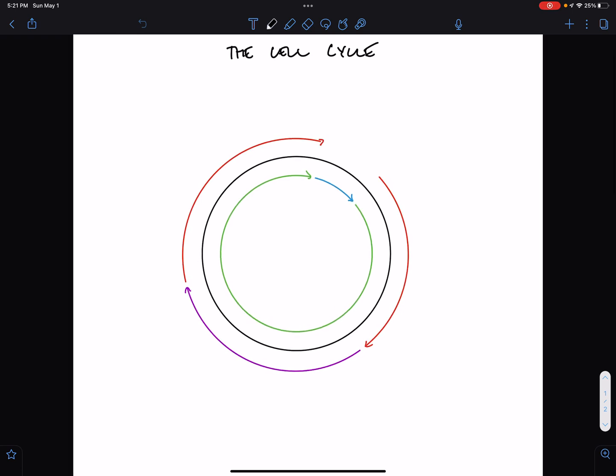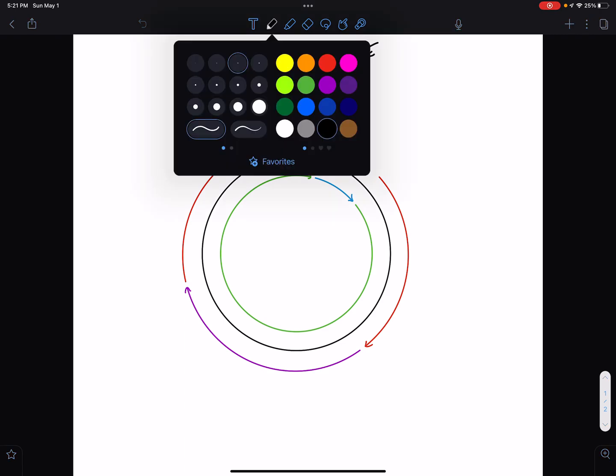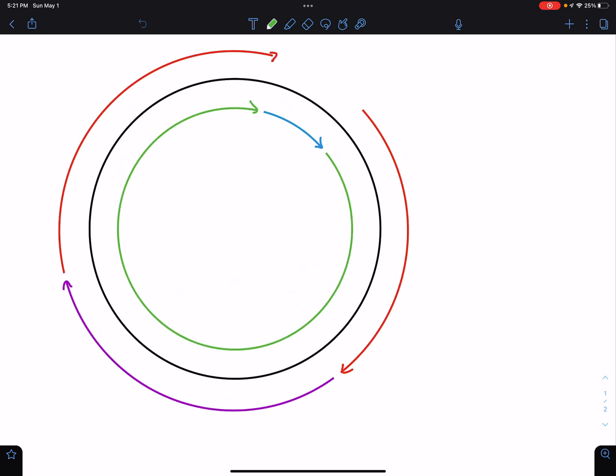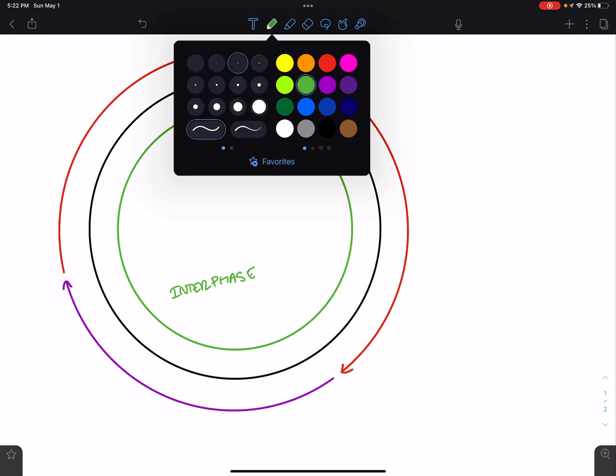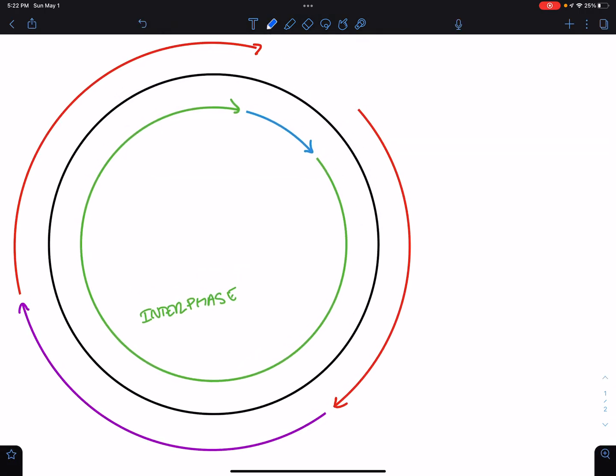The cell cycle is composed of two discrete phases. Most of the cell's life is spent in a phase called interphase. And the point at which it is actually dividing, splitting into two cells, is called mitosis and cytokinesis.